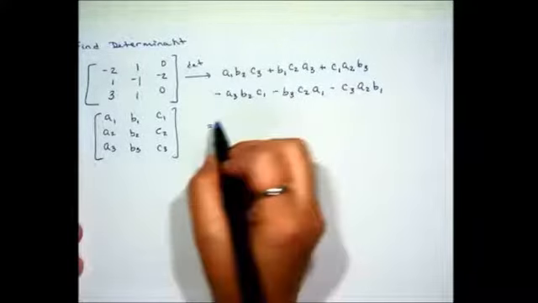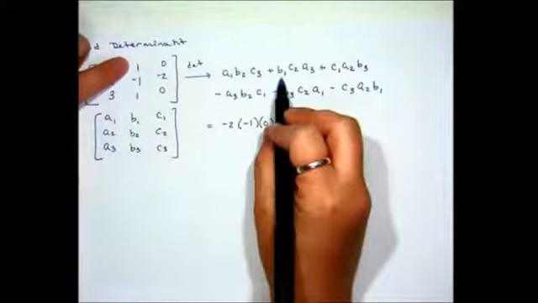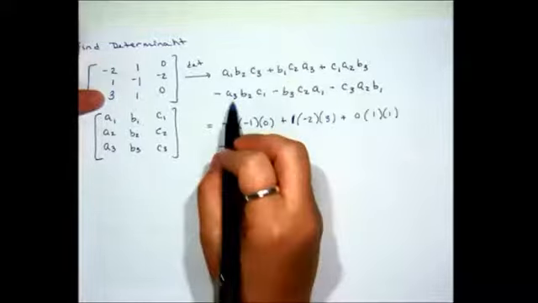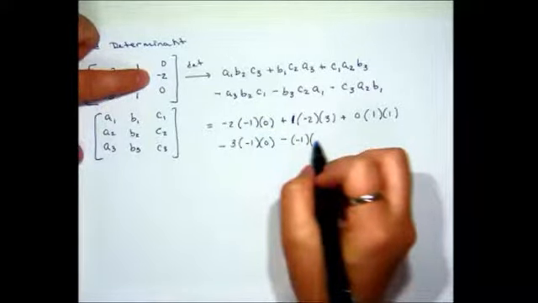Now let's plug in. A1 is negative 2, B2 negative 1, C3 0, plus B1 is a 1 times C2 negative 2, A3 is a 3, plus C1 is a 0, A2 is a 1, B3 is a 1, minus A3 is a 3, B2 is a negative 1, C1 is a 0, minus B3 is a negative 1, C2 is a negative 2, and A1 is a negative 2, minus C3 is a 0, A2 is a 1, and B1 is a 1.